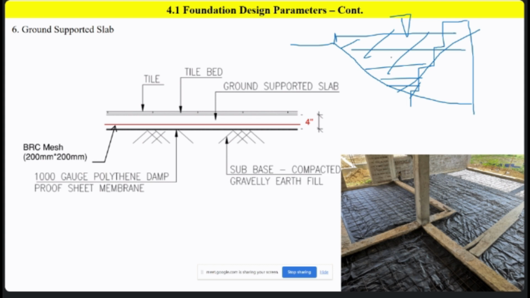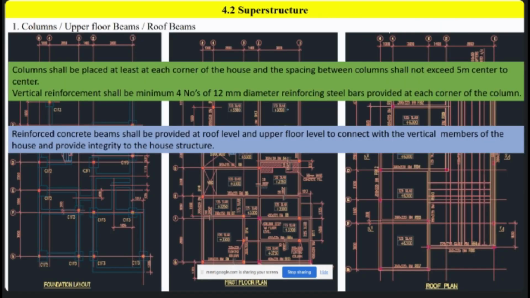But even though you assume that as compacted soil, ground supported means your slab is supported on the ground. If there is backfilled soil there, definitely you need to have a reinforced ground supported slab.